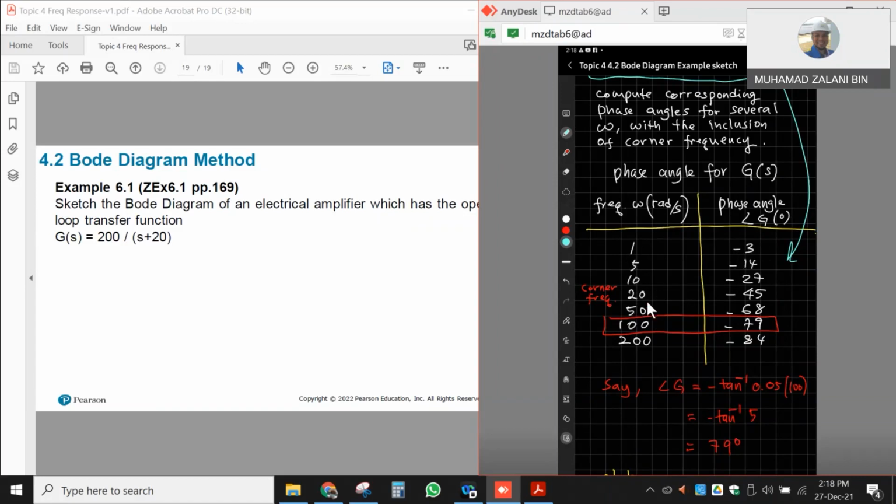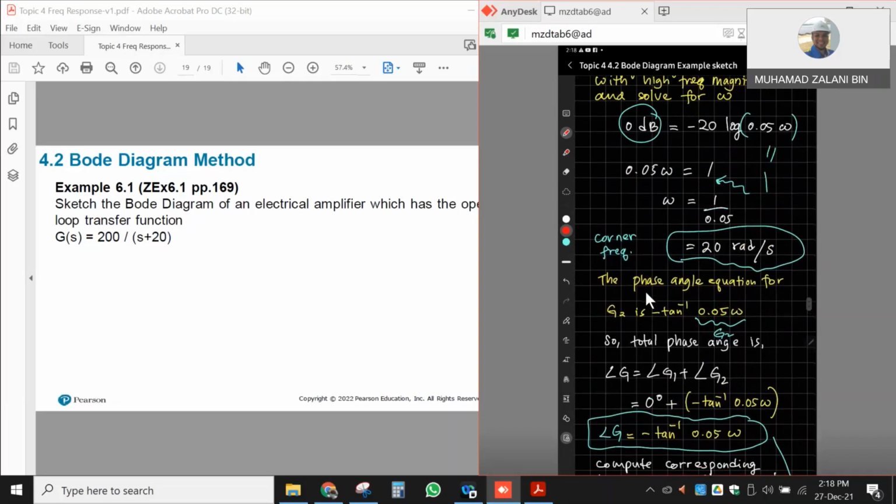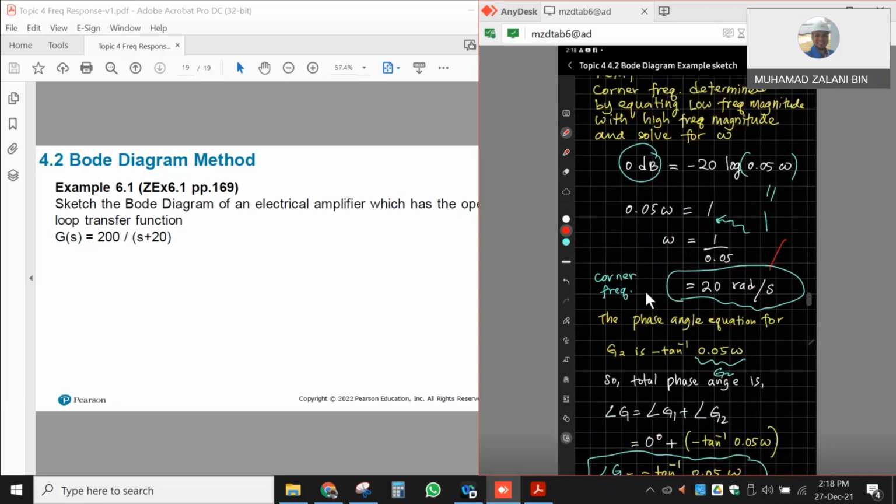Further, we calculate it at, suppose that I've made another mistake. Sorry for that. Actually, the corner frequency is this one, because we have already calculated this. The corner frequency here, we get 20 radian per second. This is the corner frequency.